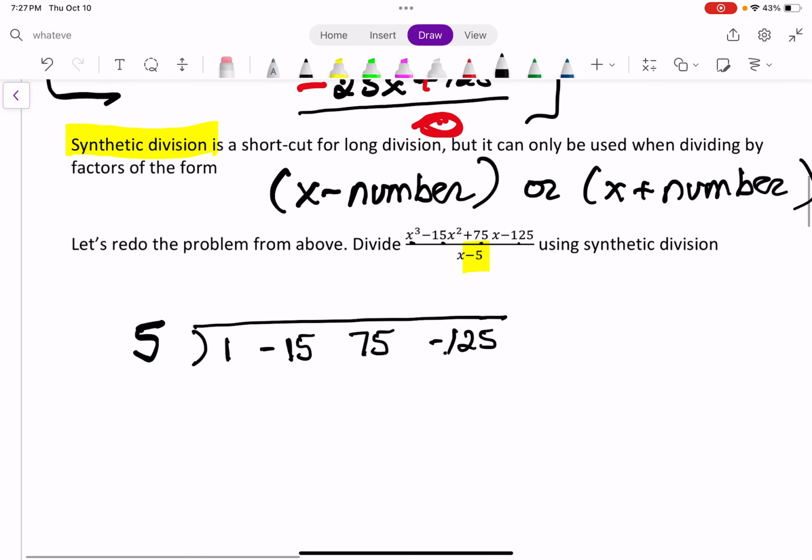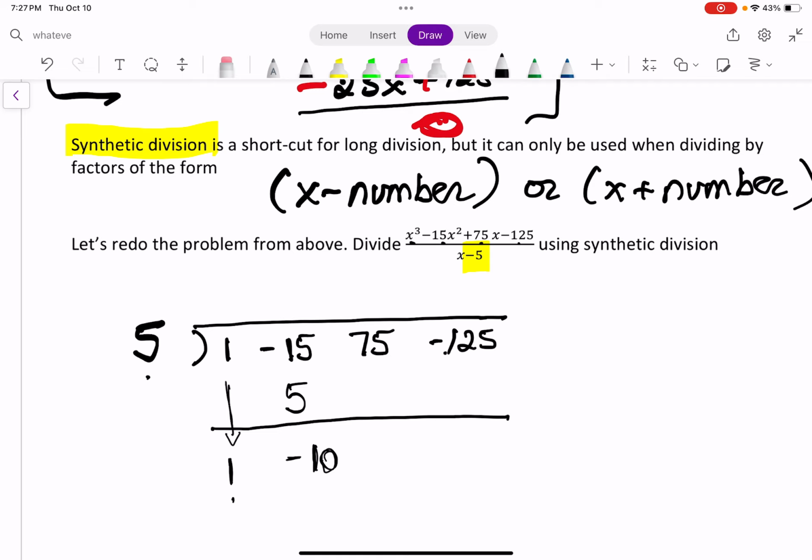Now, I will leave one row of space and put a bar. And synthetic division works by first bringing down this number 1. Okay. Then take the 1, multiply by 5, and write it in the space to the right. And then, again, because we switched the signs already, we add. So we'll get negative 10.